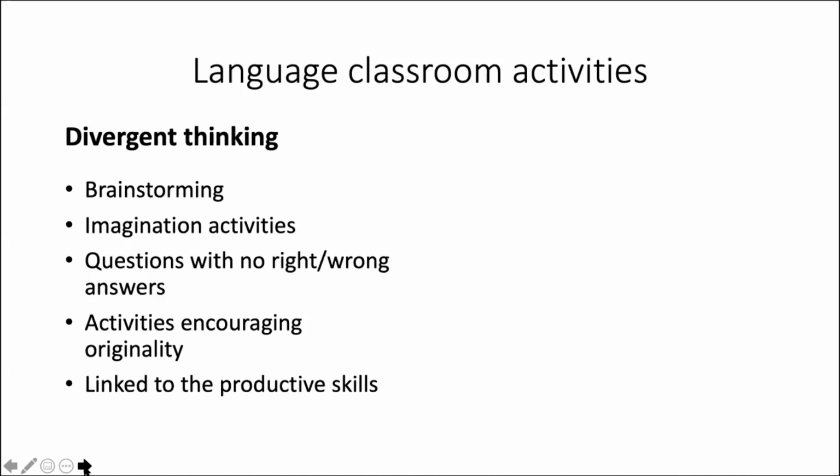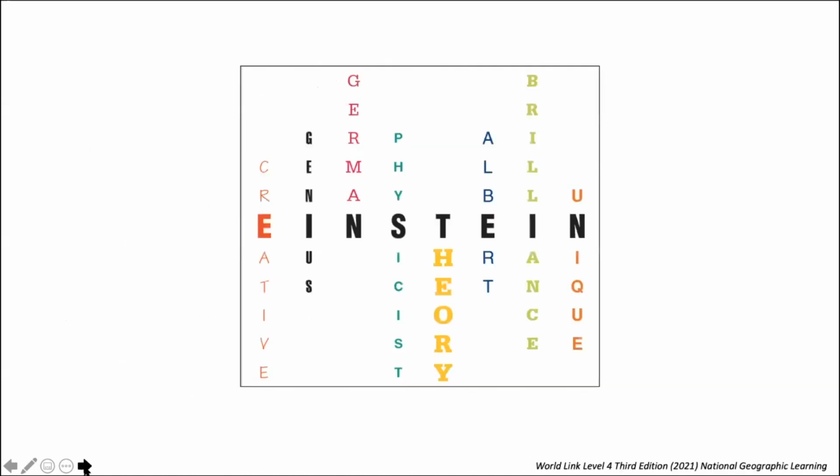To give you another concrete example of a divergent thinking task, here's one that I wrote recently, a series I'm working on called World Link, which will be coming out next year. I was doing some vocabulary work on describing famous and creative people.